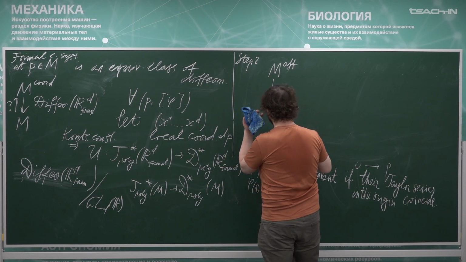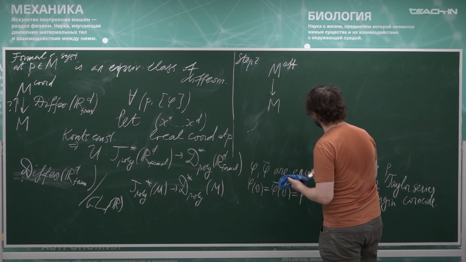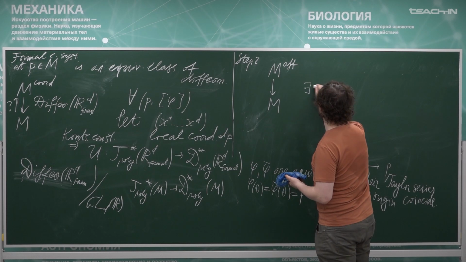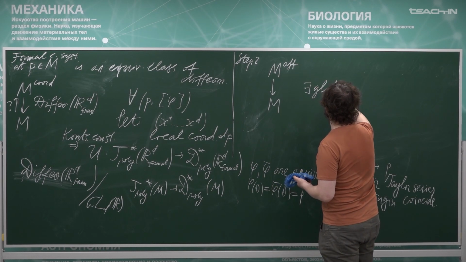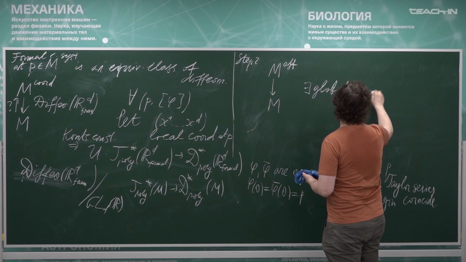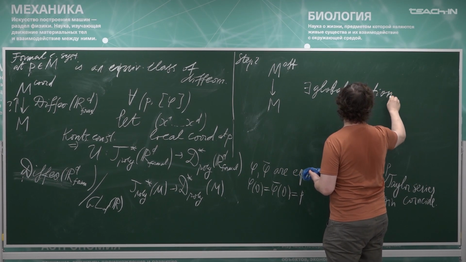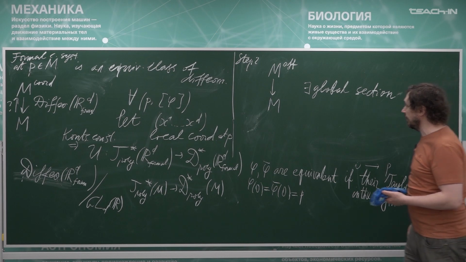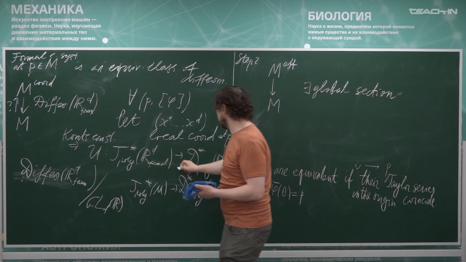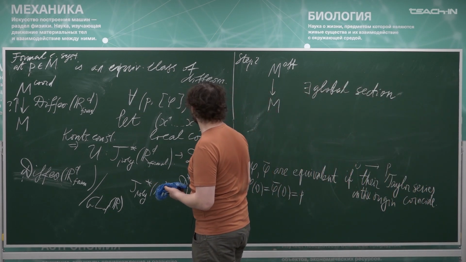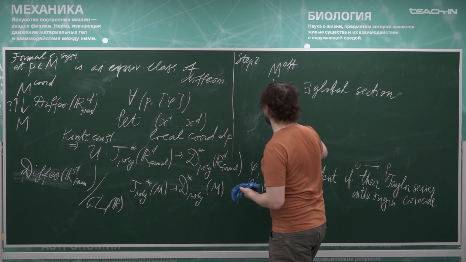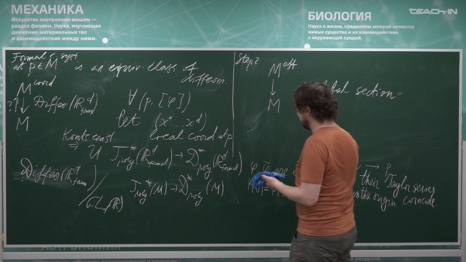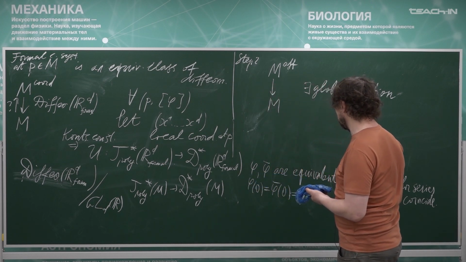Now this fiber bundle in fact has a global section. The only thing we need to do is to show that these formality morphisms induce formality morphisms on the level of this space of affine coordinate systems.